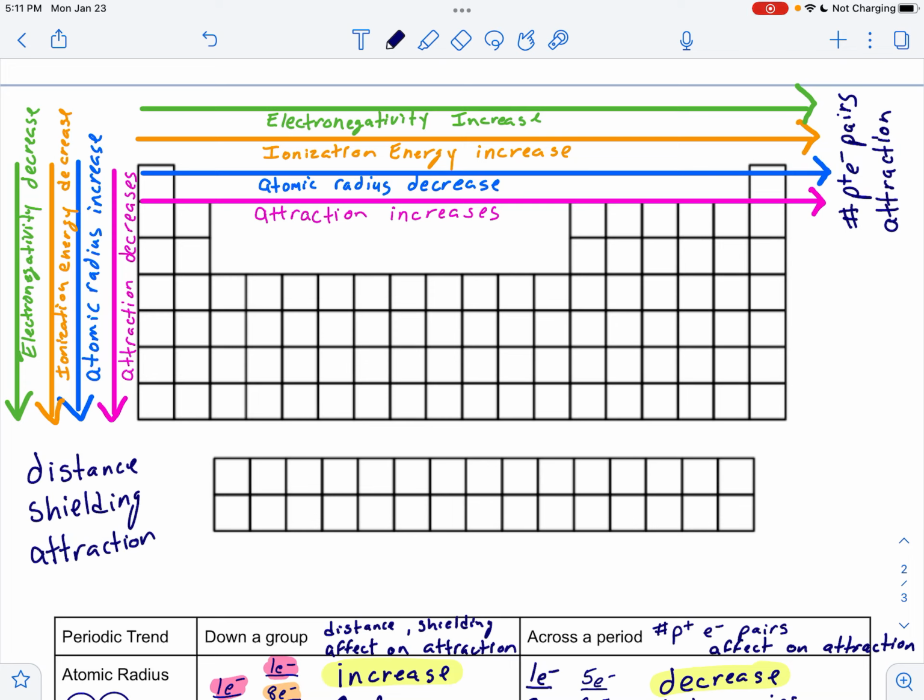Pretty much, with the exception of atomic radius, everything is going to go in the same direction as attraction. If attraction is increasing, it's going to require more energy to remove the electron, and it's going to have a stronger pull on the electron if it's sharing. That means the atomic radius is going to decrease, since it will be pulled toward the nucleus.